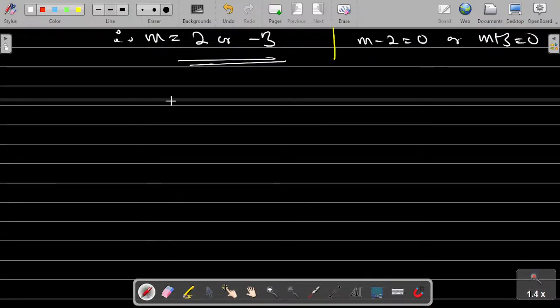Okay, so let's look at problem 4 now. Problem 4 is a little bit long, I mean the question. So let me try to write it. Okay, so let's begin. Permit me to just write it.